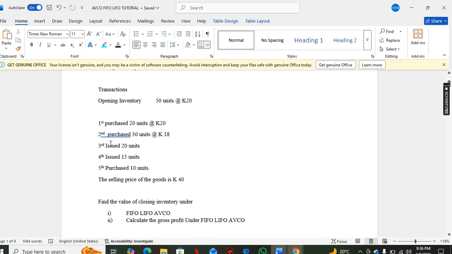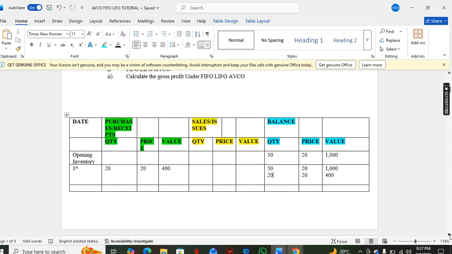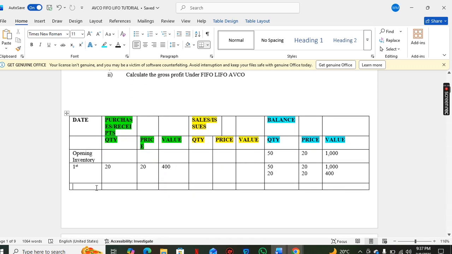On the second, we purchased another 30 units at 18 kwacha. So again, another purchase.